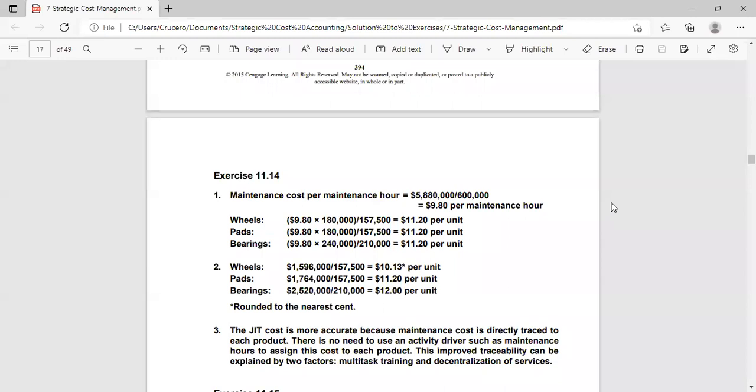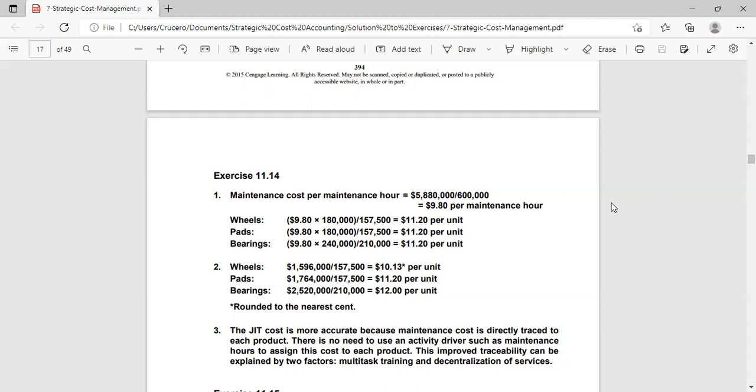Compute the maintenance cost per unit after installing JIT and explain why the JIT maintenance cost per unit is more accurate than the pre-JIT cost. Prior to installing the JIT system, Barker Company, a producer of automobile parts, used maintenance hours to assign maintenance costs to its three products: wheels, brake pads, and ball bearings.